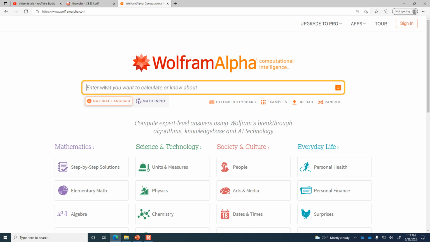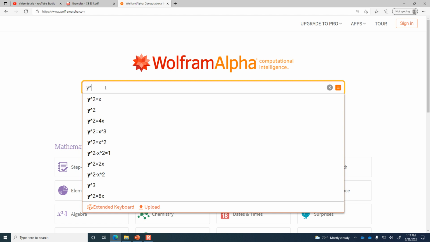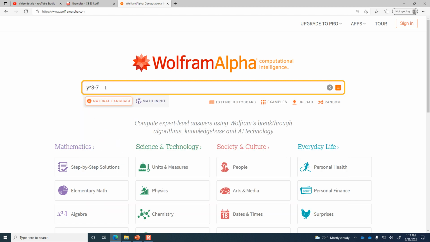All right, so it is y cubed minus 7.3882 y squared plus 38.82 is equal to 0. Of course, you can do this on your Casio or whatever other calculator you're using.